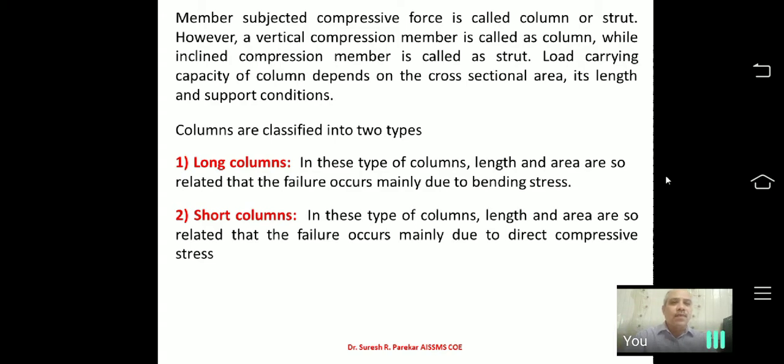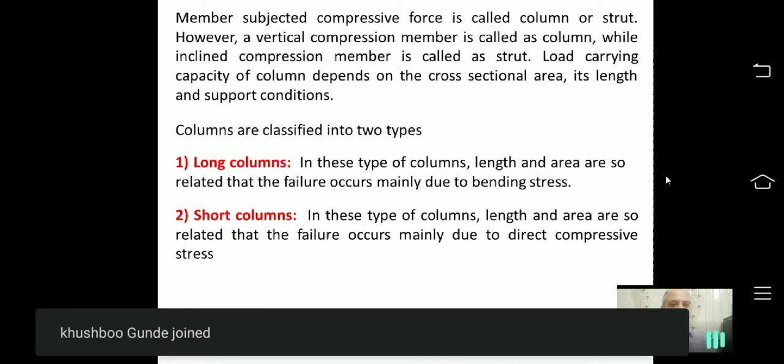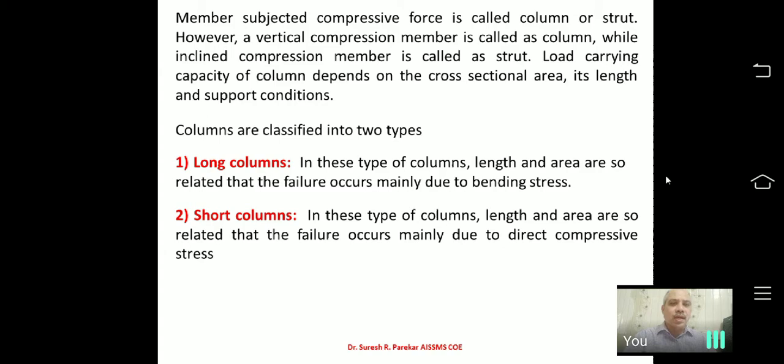A long column will act as flexural also, but a short column acts purely as an axially loaded member, and therefore failure is by compressive stresses.